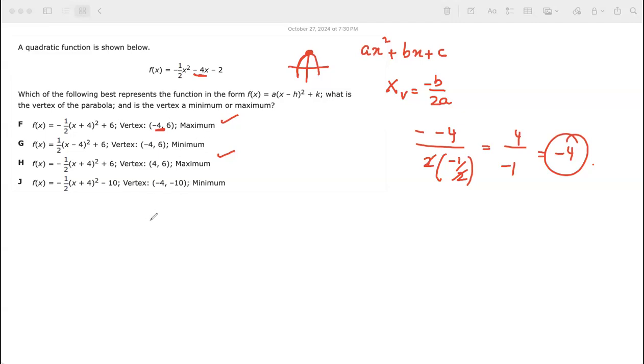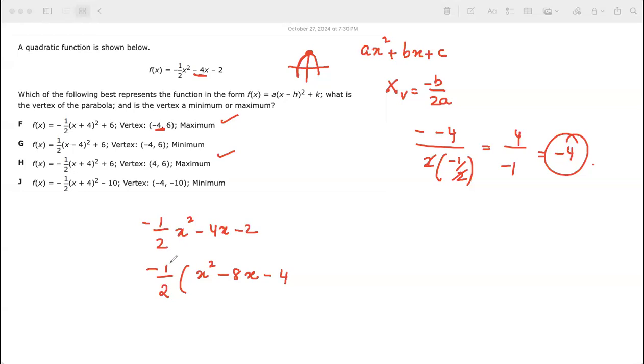Or if you want to change from standard form to vertex form, what you can do is take the half as common. When you take the half as common, this becomes 8x, this becomes 4. Any questions with this?